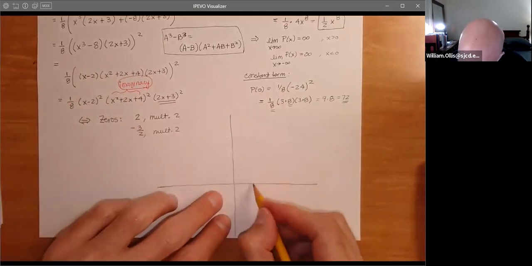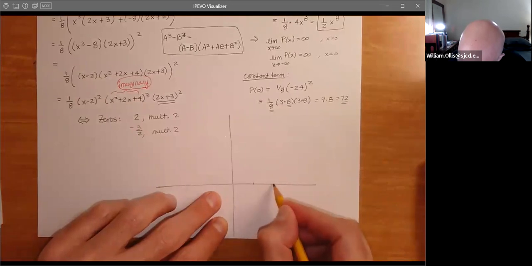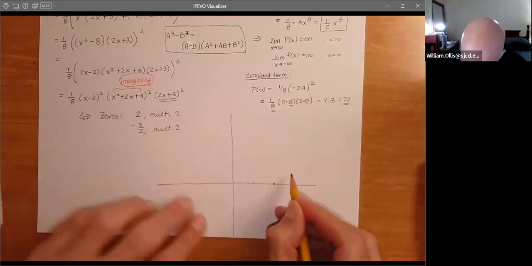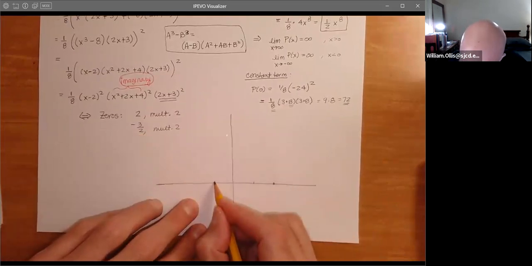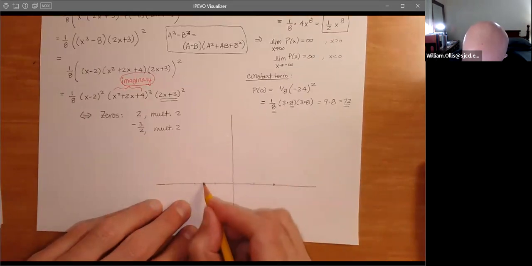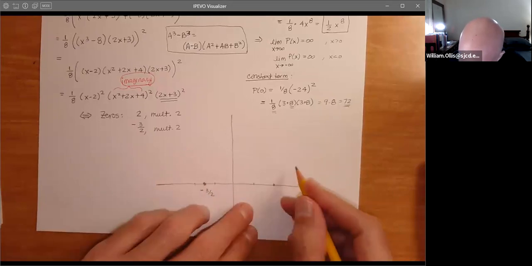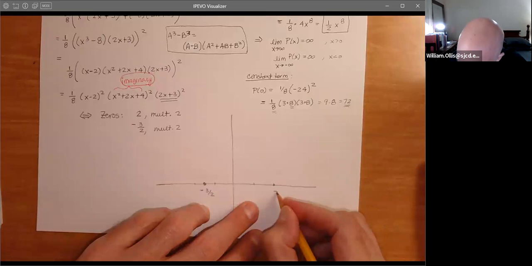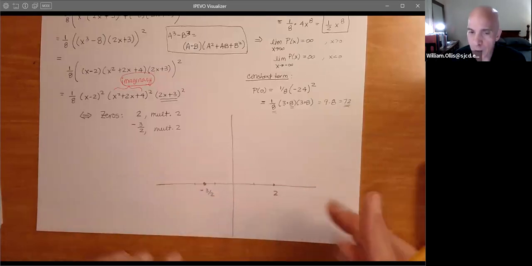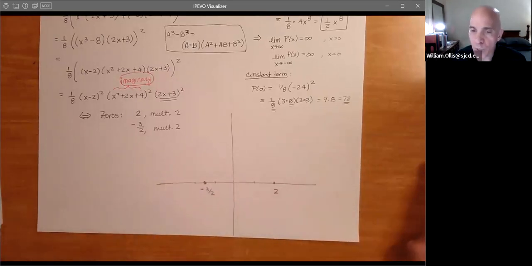So we'll have a 2, and we'll have a -3/2. So again, this is just a reasonable sketch. Don't worry that it's not Rembrandt. That's not what we're looking for. Even in calculus, we can refine the sketch, but this is just a reasonable rendering of the graph.